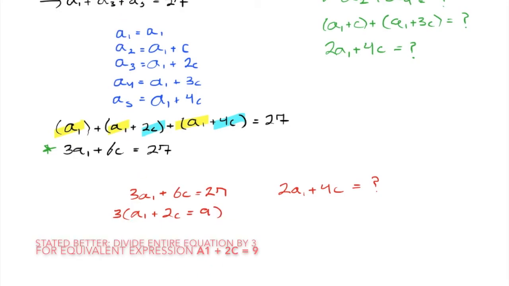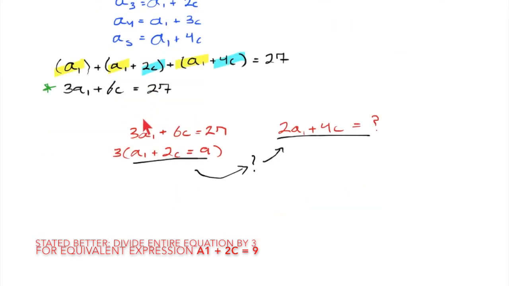Now we're going to look at this equation relative to this one. How can we get from here to here? If you look really closely, specifically at this part, a1 plus 2c, you can relate it to 2a1 plus 4c by a factor of 2. This is no longer a question mark. You now know that you can do this by multiplying by 2.